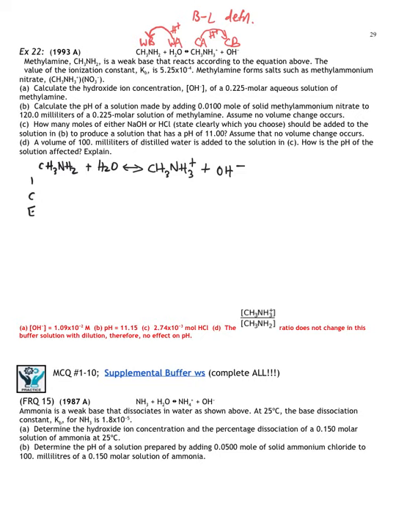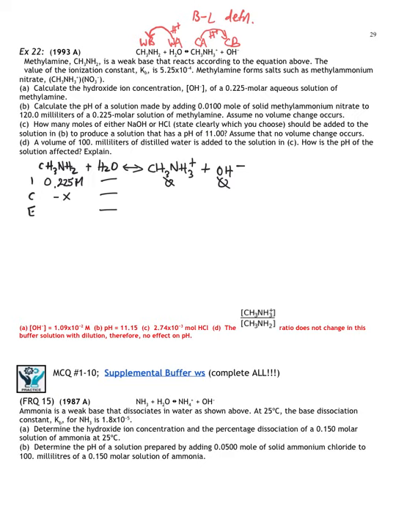So the amount that is given to me is the initial amount, 0.225 molar. It's in molarity, so I write the units there. Not too concerned about the water because it's a liquid. I do want to know how much I have that ionizes and hydrolyzes in water. I don't know how much.